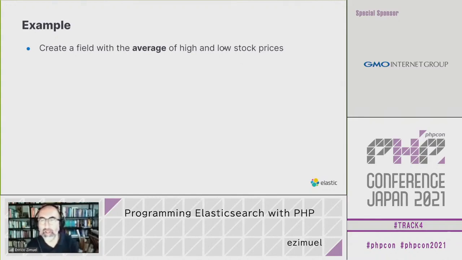The high and low stock prices are in the documents, and we want to create a new field named average, that is the average of these two fields. But this field, average, is present only in the results of the query. So we don't want to store this information in Elasticsearch.